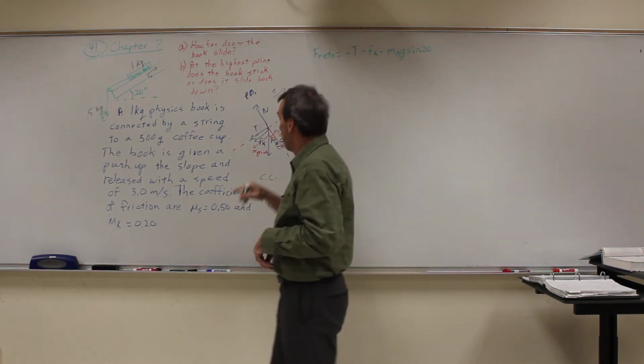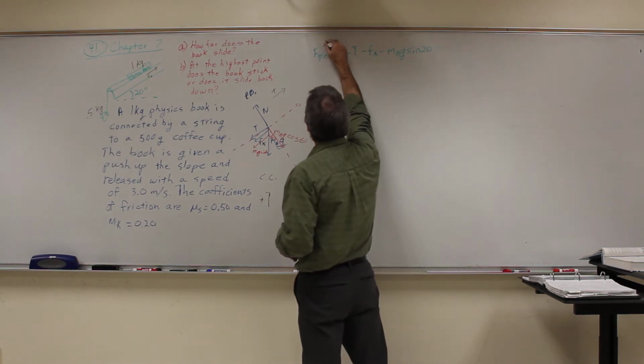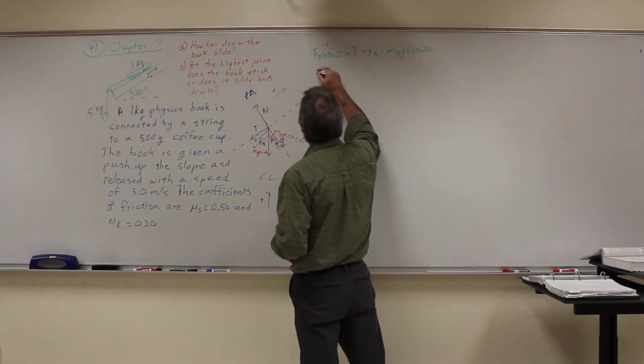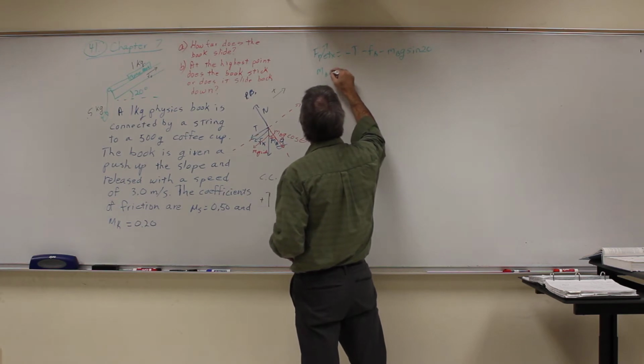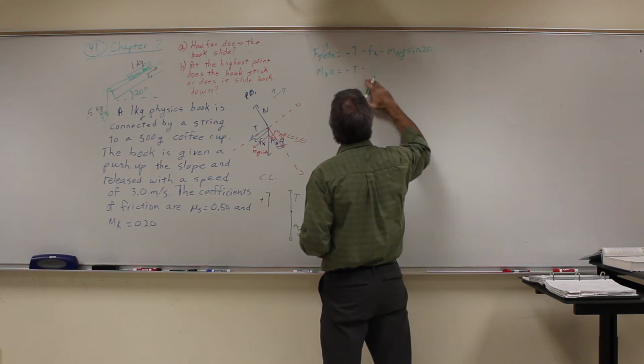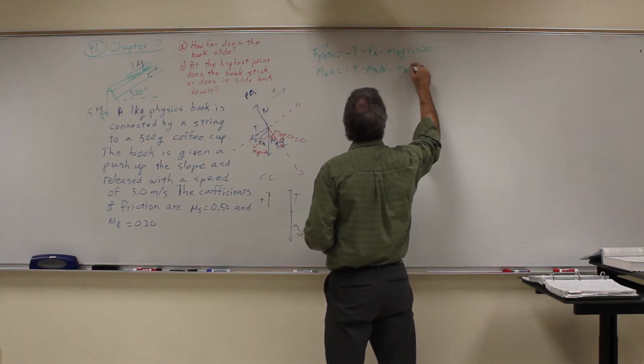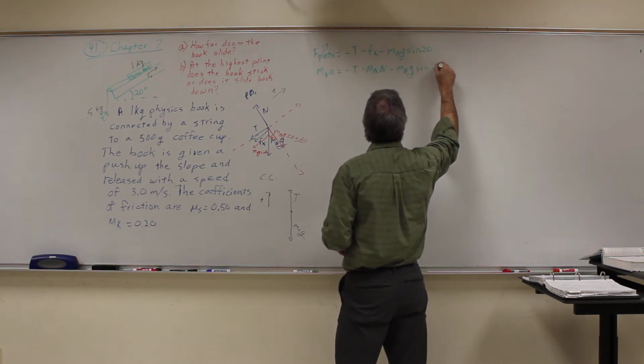Okay? Notice all those are going down. But this is accelerating, so we're going to replace this with mass of the book times its acceleration is minus T minus the friction force. And let's replace that with mu sub k times the normal force minus m_b g sine of 20.